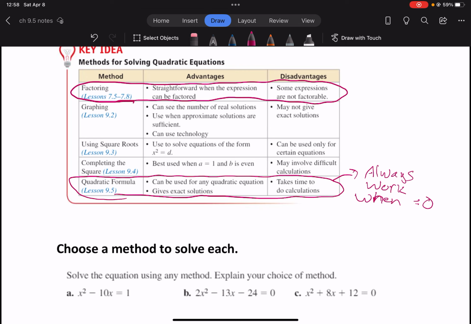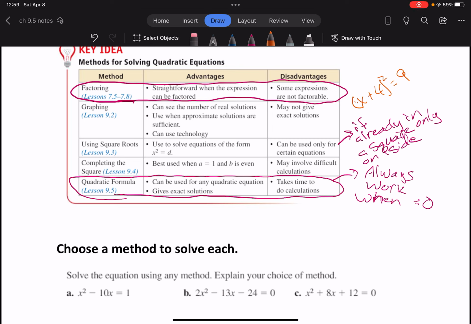Square roots, I will use if it's square only on one side, meaning that if I have something like x plus 4 squared equals, say, 9.